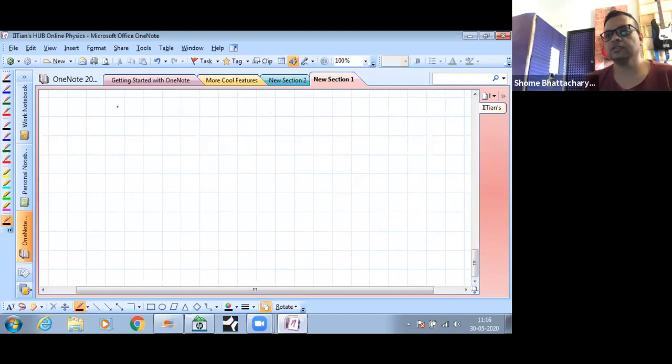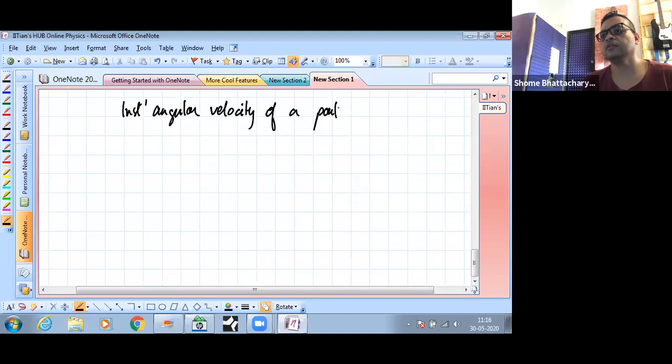So let us see the instantaneous angular velocity of a particle with respect to a point. There are a couple of ways to understand this.